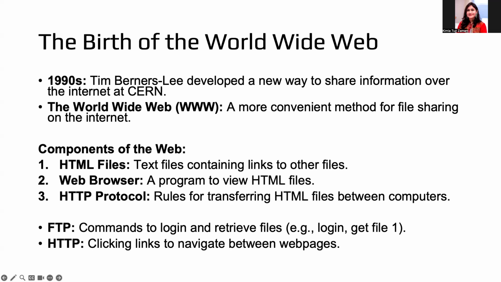First, HTML or hypertext markup language allowed text files to contain links to other files, becoming the backbone of web pages. Second, web browsers let users view HTML files visually rather than dealing with raw text, making interaction simple and intuitive. Third, HTTP or Hypertext Transfer Protocol defined the rules for transferring HTML files between computers, ensuring proper formatting and communication.